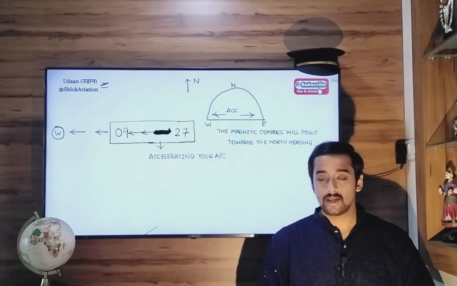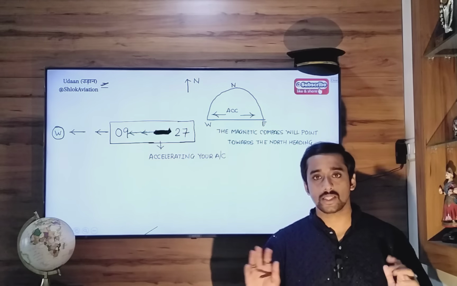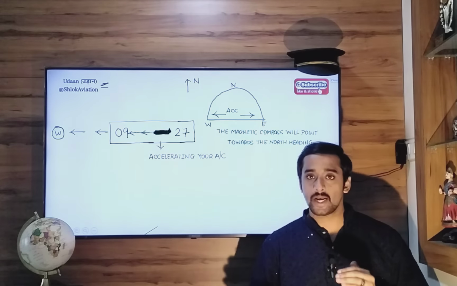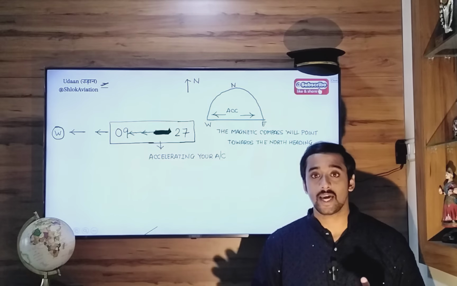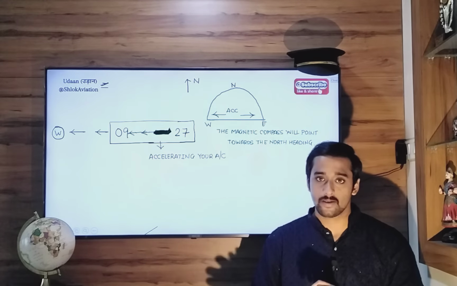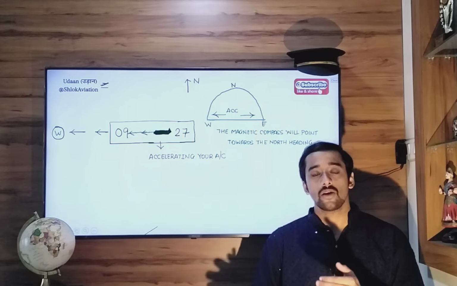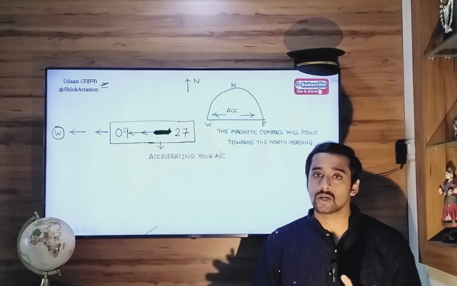When decelerating, now let's say you are in the northern hemisphere, you're oriented on a westerly heading or easterly heading, whatever, but you decelerate your aircraft, you slow down your aircraft, let's say after landing. Once you touch down, your aircraft will start decelerating. In that case, the magnetic compass will start showing a turn towards the south.